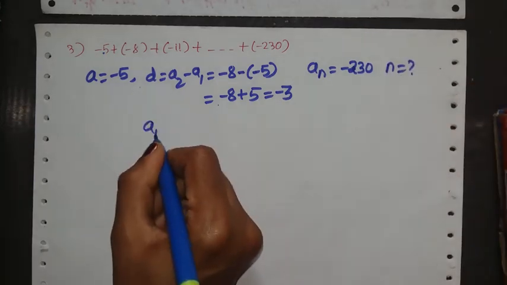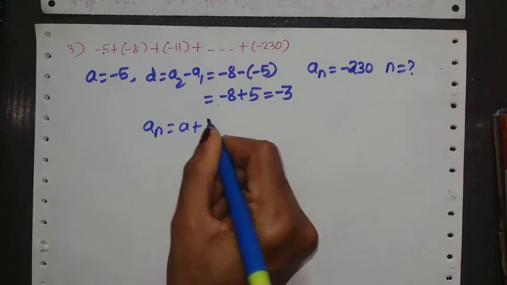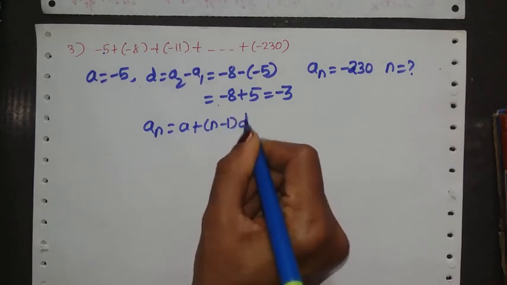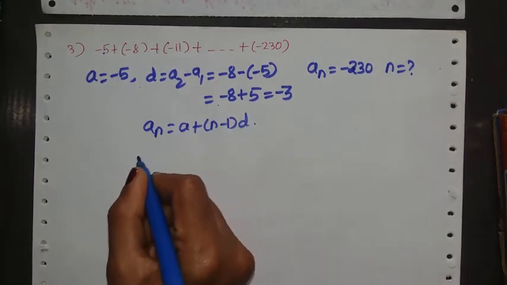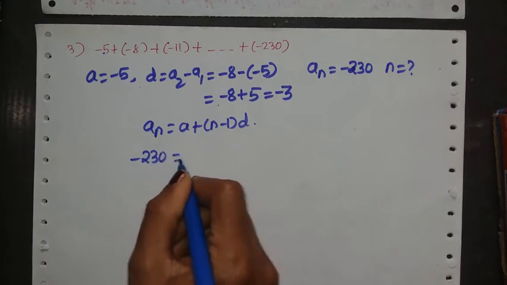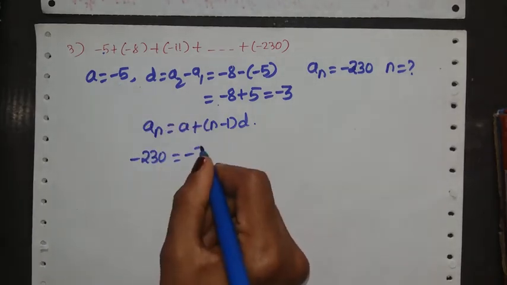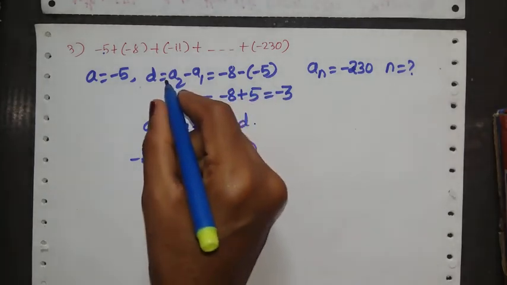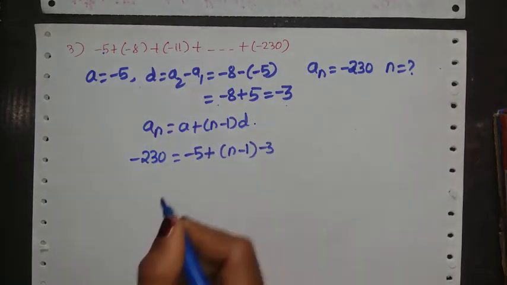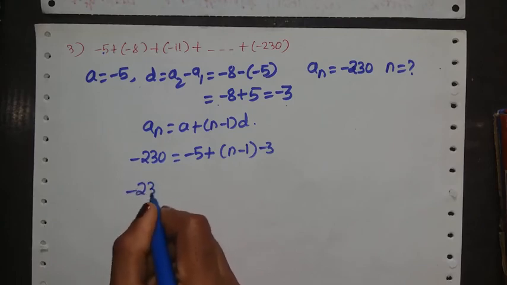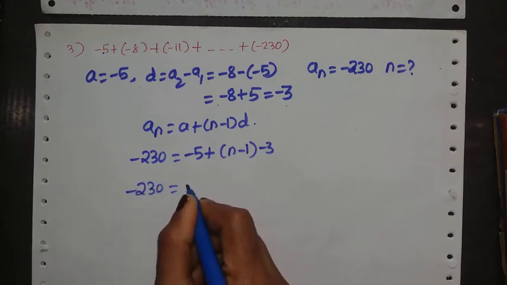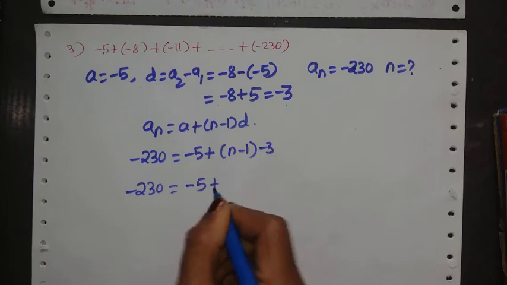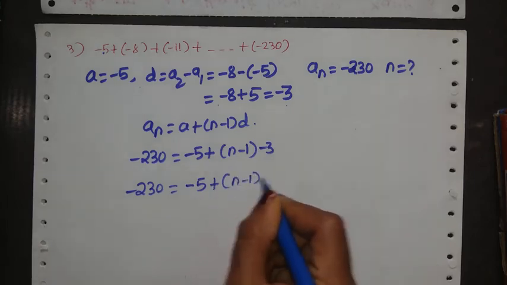Okay, here an is equals to a plus of n minus 1 into d. Yes, an is minus 230 equals to a first term is minus 5 plus of n minus 1 into d, the d is minus 3. Okay, now here minus 230 equals to minus 5 plus of n minus 1 into minus 3.